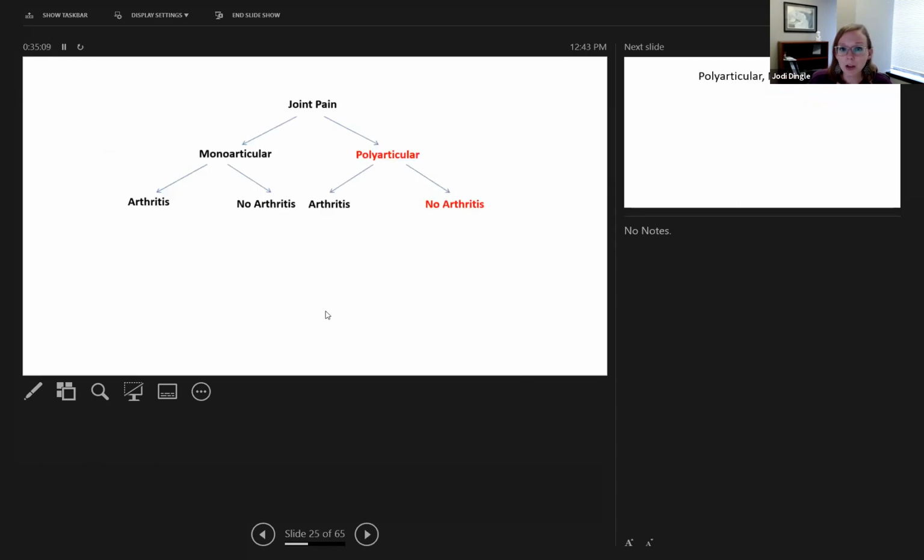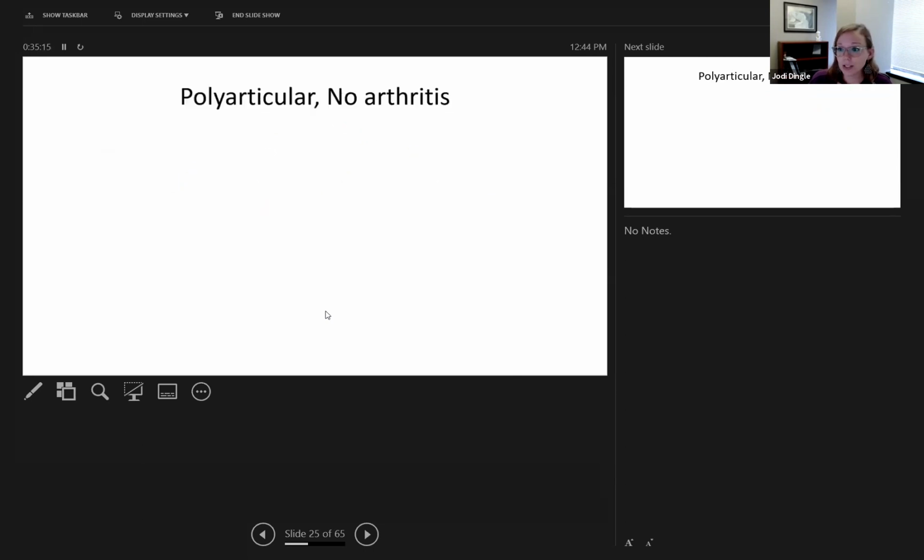All right. Moving on to polyarticular joint pain without arthritis. So this is something we see a lot. Think to yourself for a minute, what do you think would be the most likely cause of pain in lots of joints without arthritis?